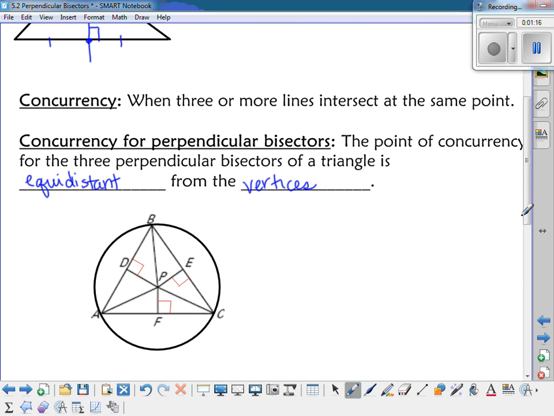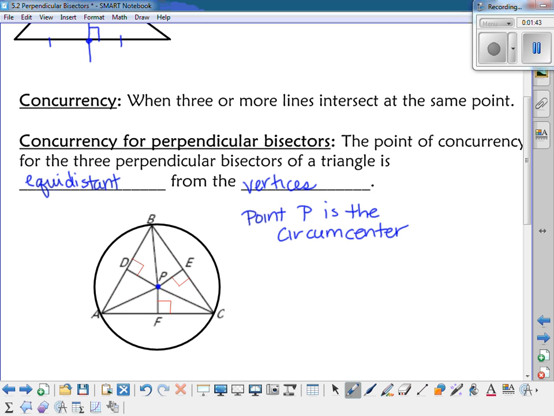So if we have point P here, it's the point of concurrency for the perpendicular bisectors. What we call that is the circumcenter. In other words, it's the center of the circle that would be circumscribed around the triangle.